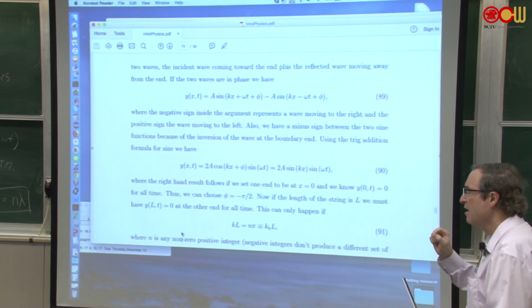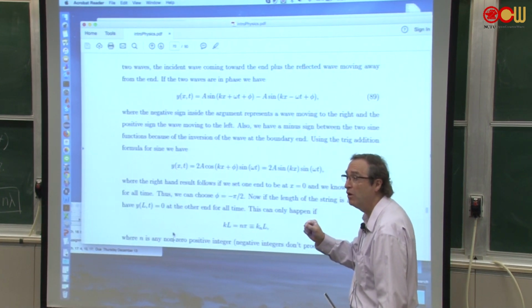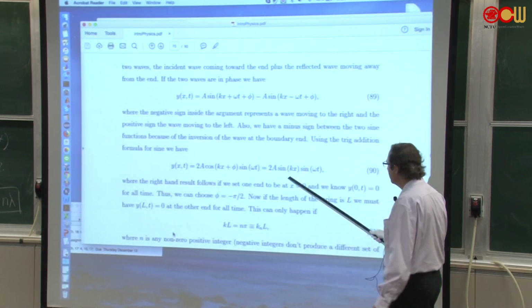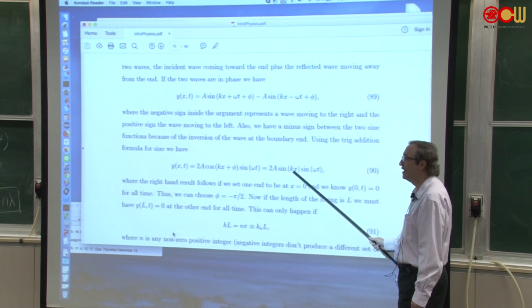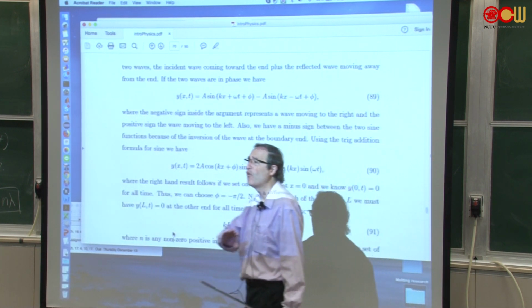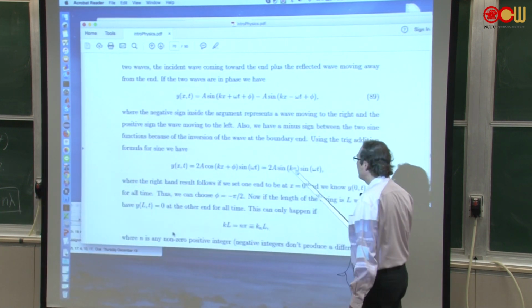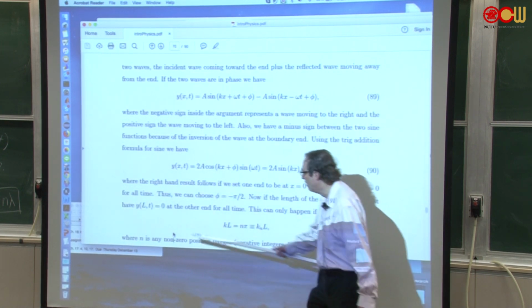So if we set one end to be x equals 0, that's automatically done by this, because the sine of 0 is 0, no matter what k is. And it's 0 for all time. What about the other end at x equals, what did I call it, L?